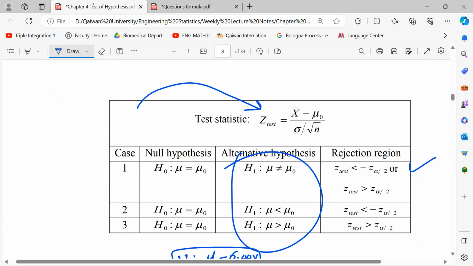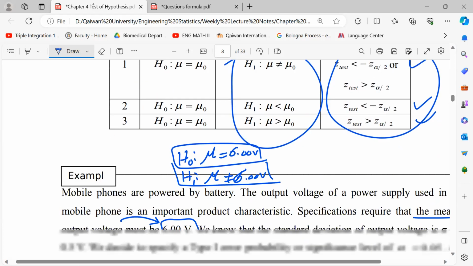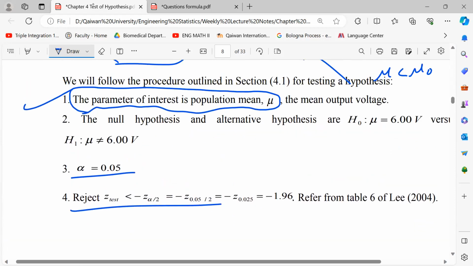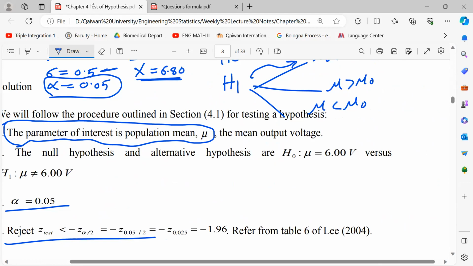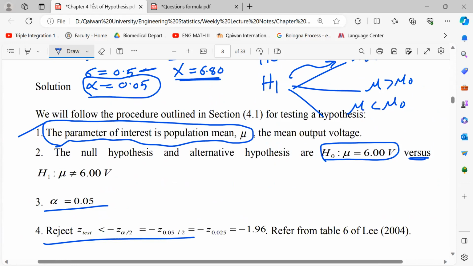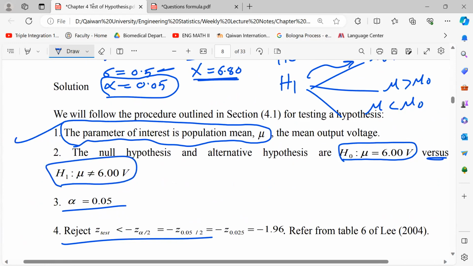If it satisfies these, we reject H0. If not, we are unable to reject H0. Here, the null hypothesis and alternative hypothesis are H0 is this versus H1 is this one. These are H0 and H1. And then in the third step, we just write down the significance level, and it must be given in the example.